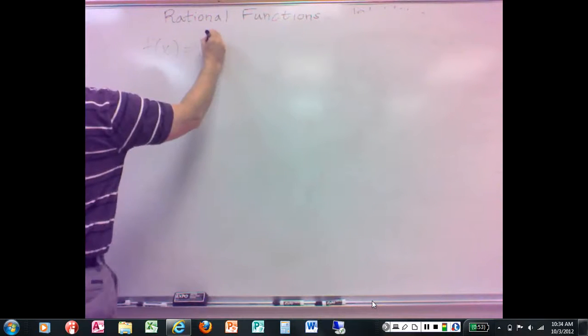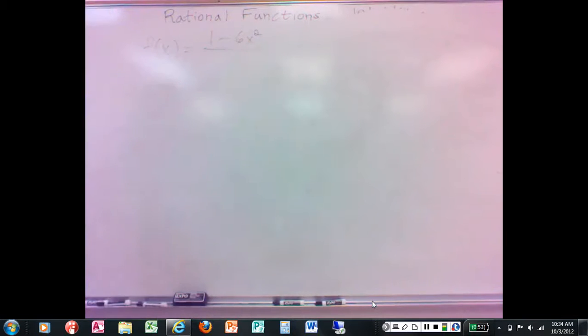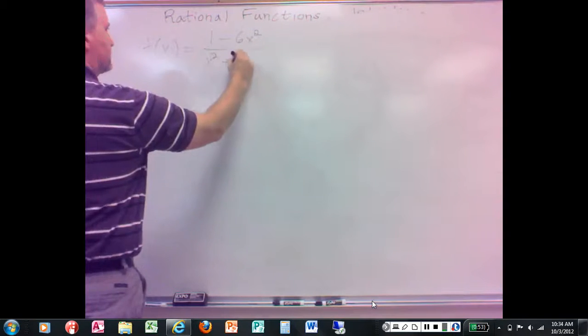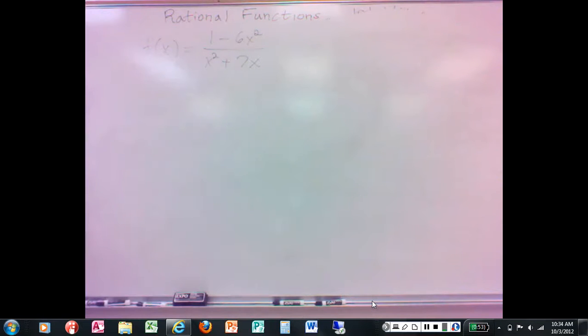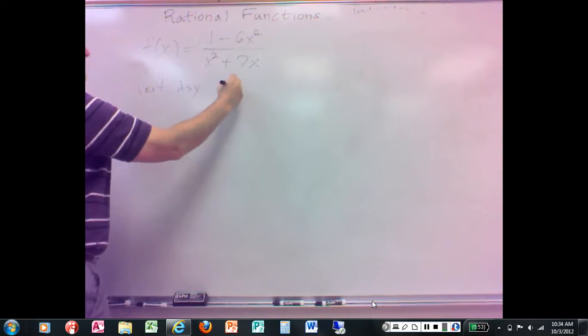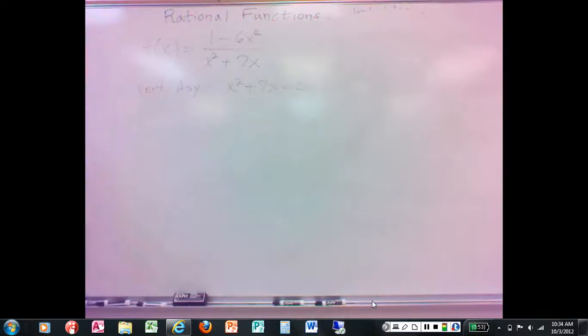All right, let's say we got f(x) equals 1 minus 6x squared divided by x squared plus 7x. What vertical asymptotes have you got there? Well, you set the denominator equal to 0. Factor it up.